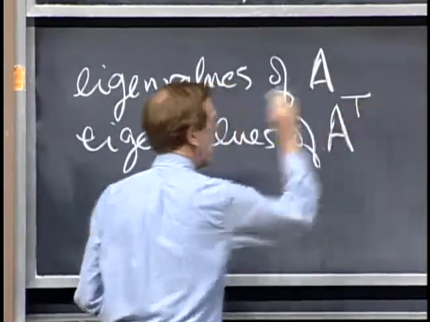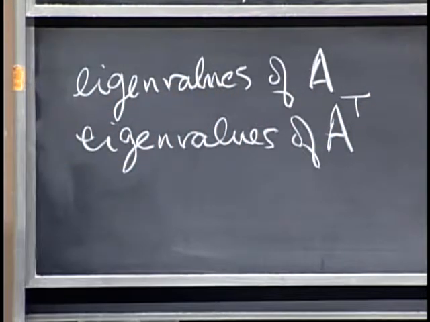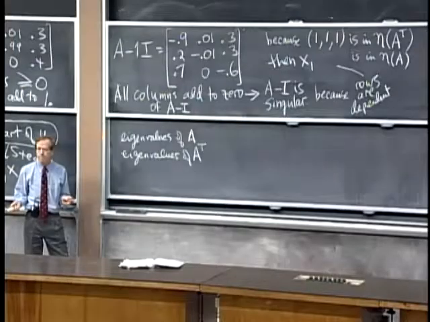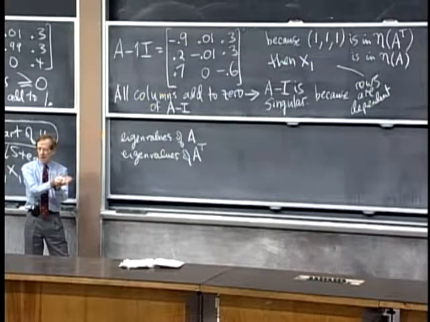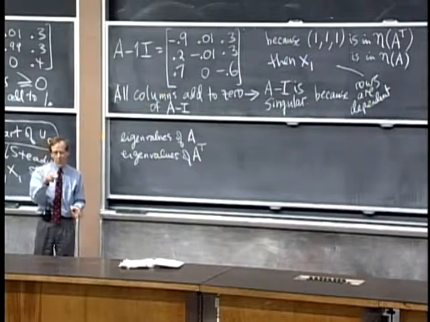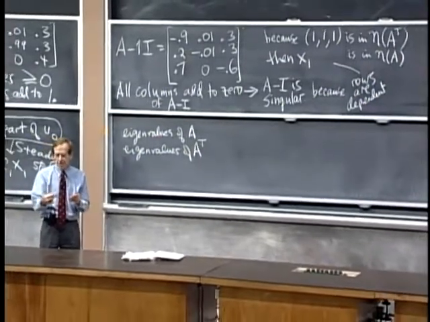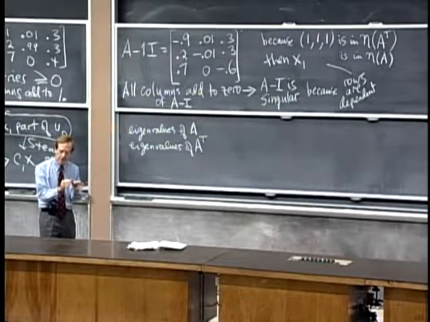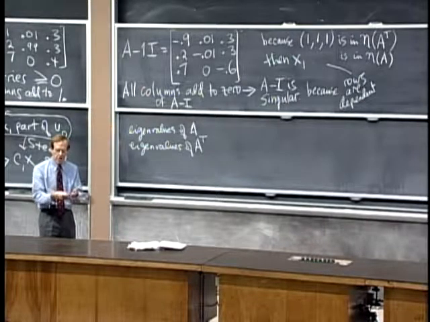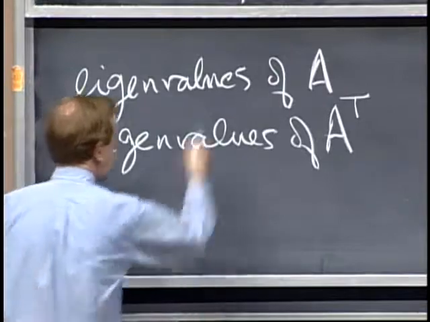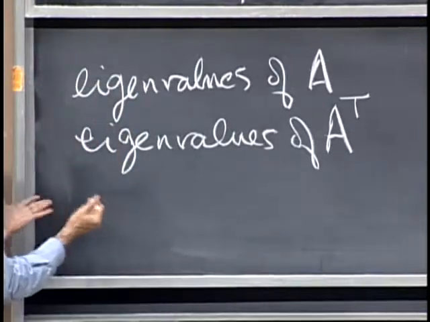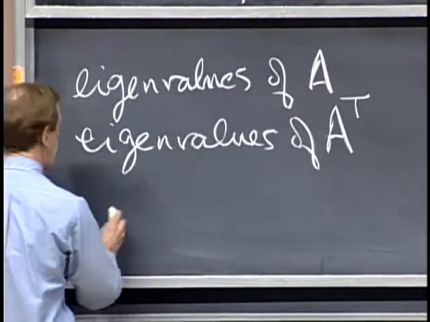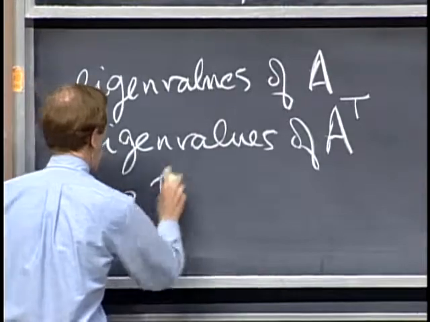They're the same. So this is a little comment. It's useful since eigenvalues are generally not easy to find. It's always useful to know some cases where you've got them. If you know the eigenvalues of A, then you know the eigenvalues of A transpose. Eigenvalues of A transpose are the same.